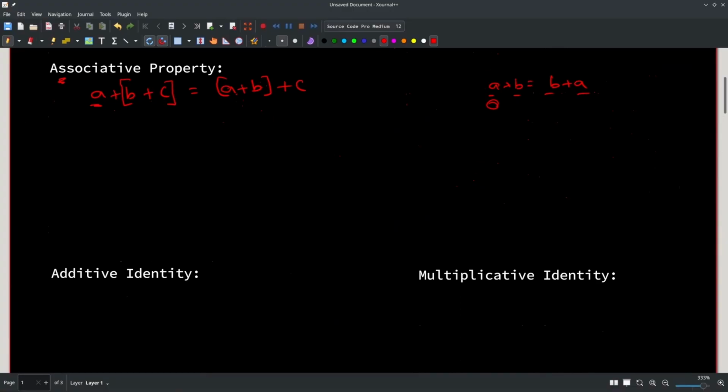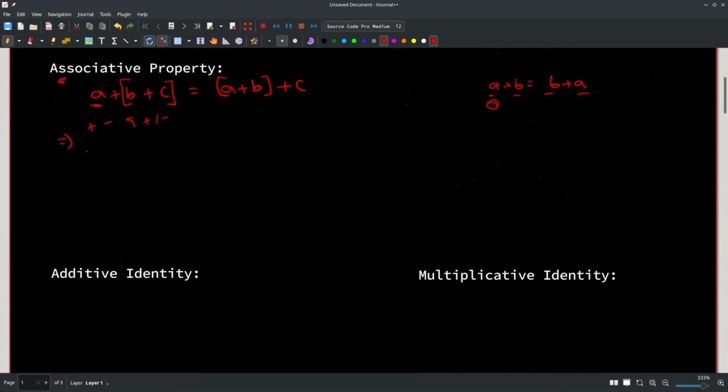And over here, you're switching it around, taking the first 2 numbers, adding them first, and then adding your third number. So let's see if this works with positive, negative, and positive plus negative.